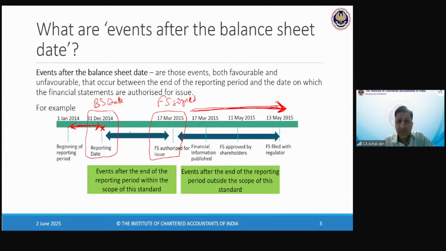Okay, so that's first period. The other period is the period after the financial statements are authorized. Correct? Yeah, everyone clear? Yeah, so these two periods are clear. Yeah, simple.